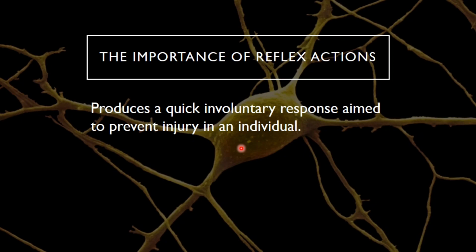The additional time that is needed by the brain to analyze information before triggering a response can lead to serious injuries. Since reflex action involves the spinal cord, the brain can focus on high-level thinking.